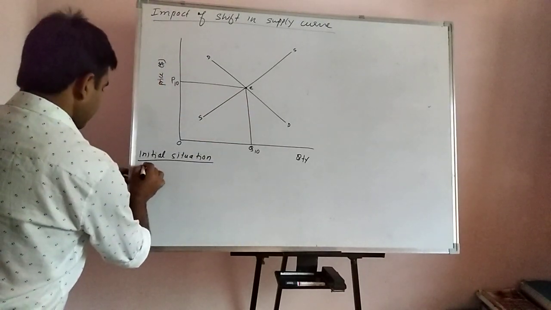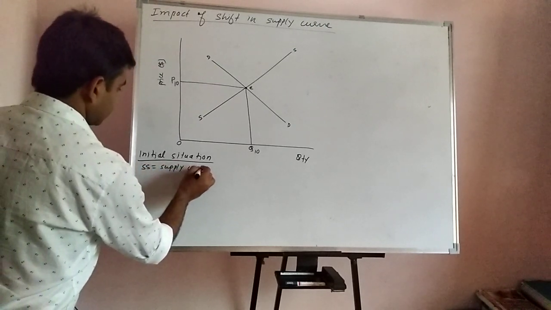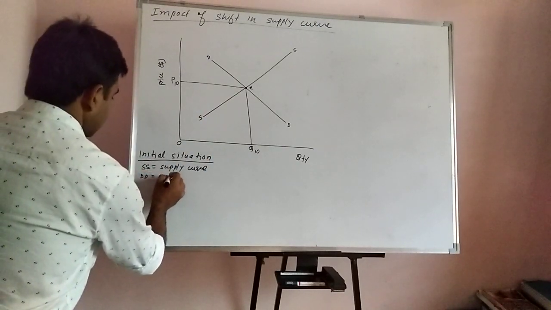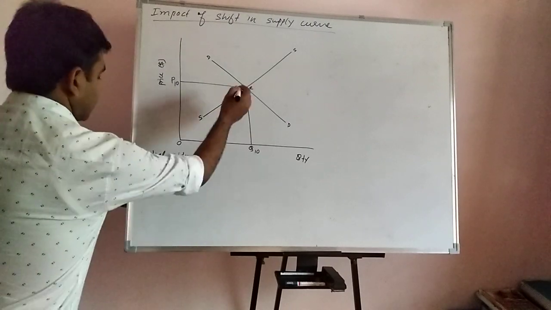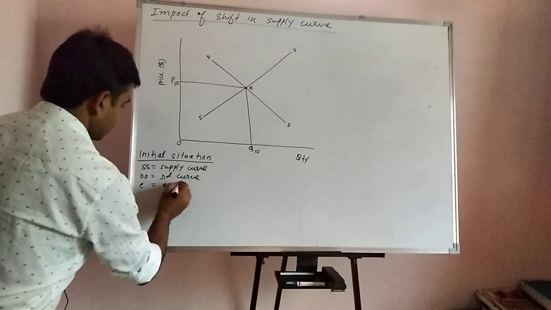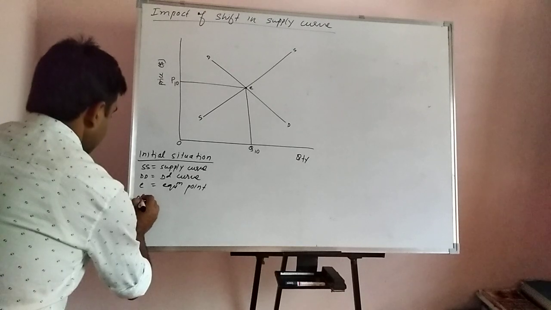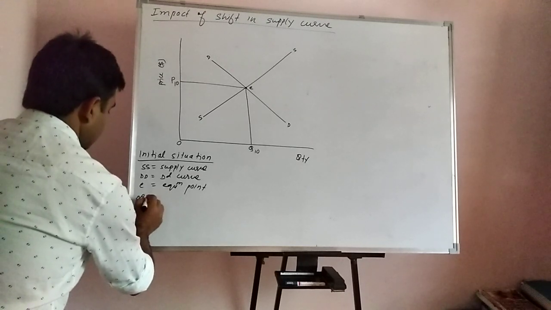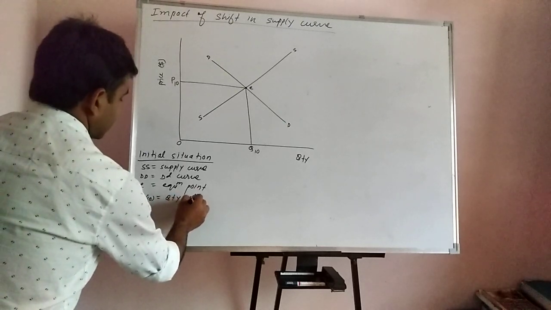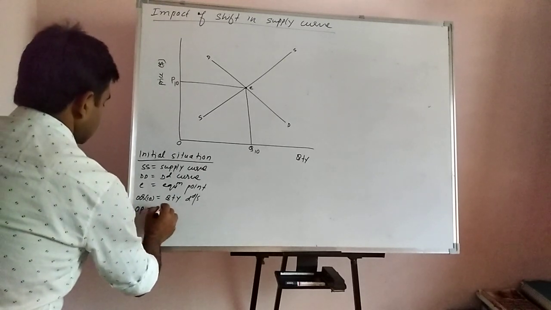In the initial situation we have SS as the supply curve, and DD as the demand curve. E is the equilibrium point, and 0Q, that is 10, is the quantity demanded and supplied together. 0P is the price.